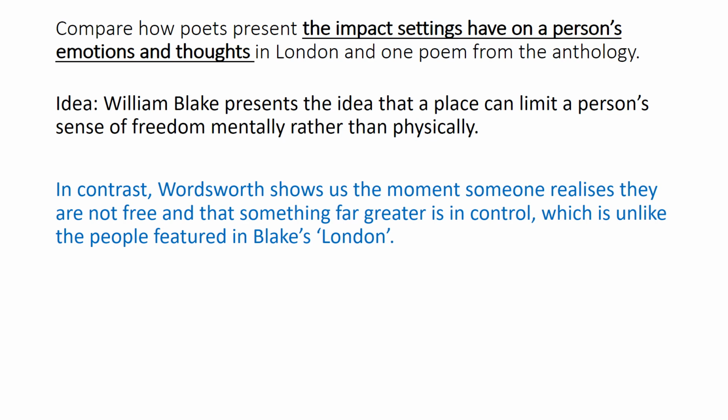Whereas what we've got in the prelude is somebody discovering that they are not in control. And that's a different perspective, because William Blake's is an outsider. So the people in London don't realise and probably can't see what's happening. But in the prelude, the voice is making a discovery, and they're realising, understanding what's going on, and that there's something far greater.